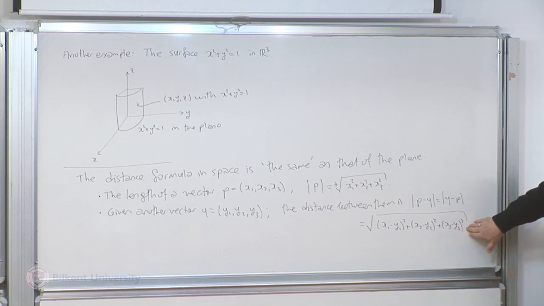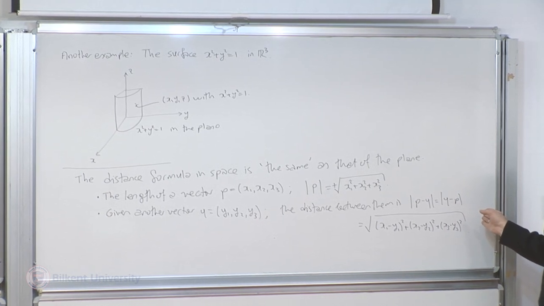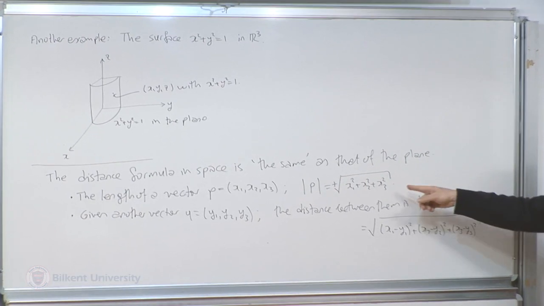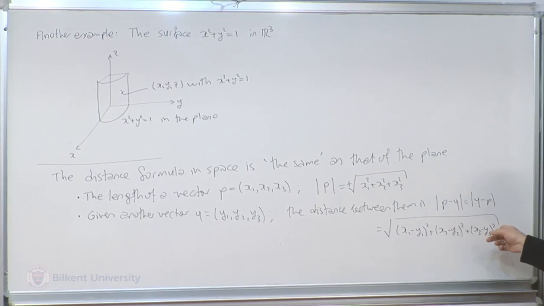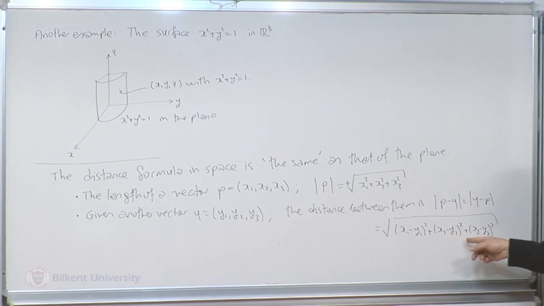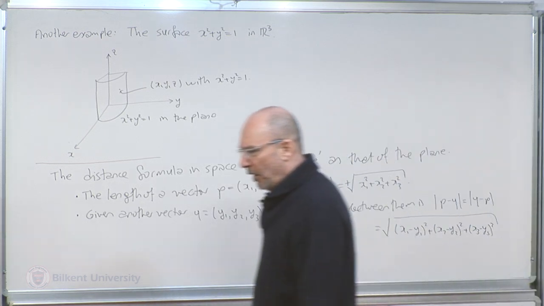In three dimensions, if you draw this picture, it will follow from two applications of Pythagoras' theorem. But now you get the idea. In Rn, the length of a point will again be given like this, and the distance between two points in Rn will be given like this, but you have to continue using all the coordinates. So the idea is the same.